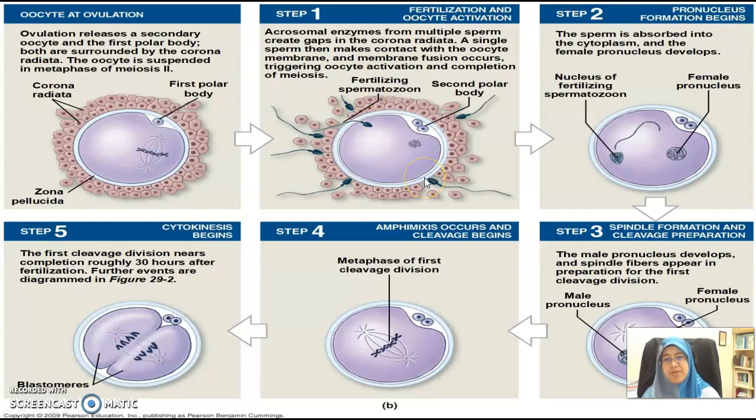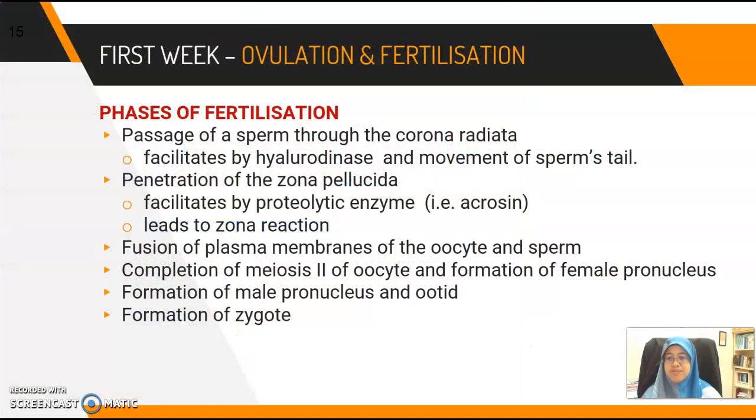So even though another sperm also touches the zona pellucida and produces acrosin, it cannot enter, because this area has already become very hard, so it cannot penetrate. Only this one can enter into the secondary oocyte. That is what the zona reaction means.